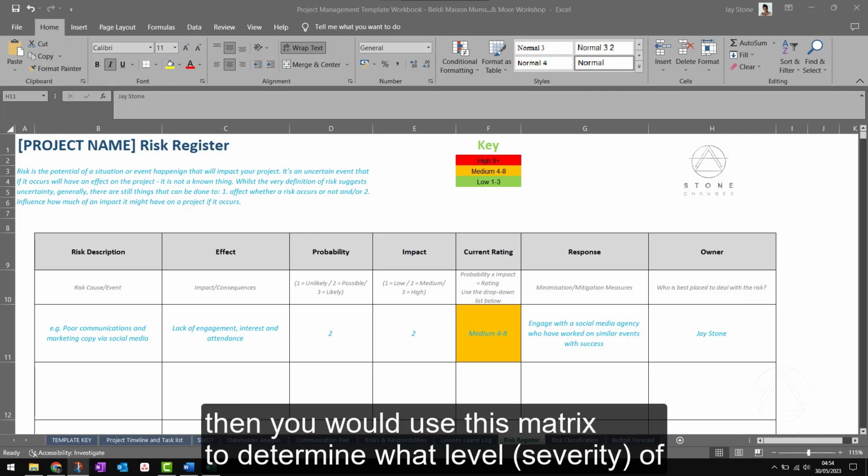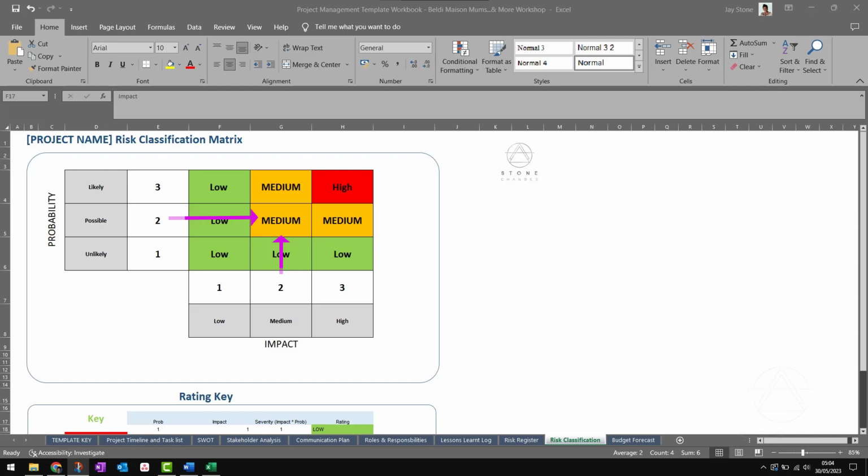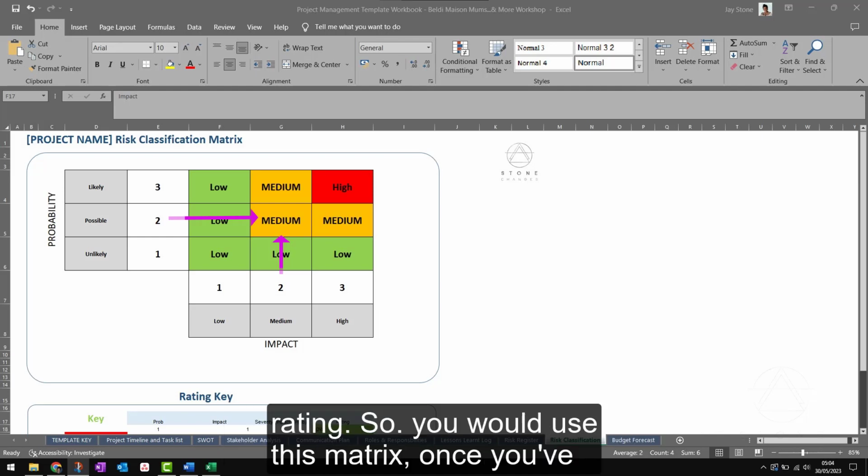So then you would use this matrix to determine what level of rating it would give. So 2 times 2, it's given me a medium rating.